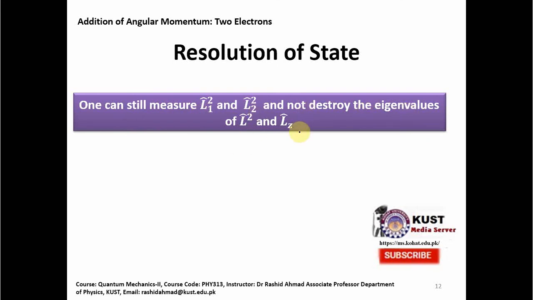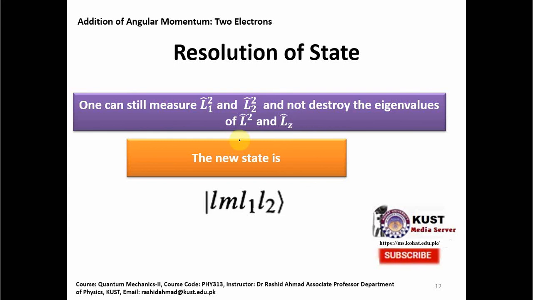And how do we not destroy the eigenvalues? If the commutation relation is equal to 0. If the commutator is equal to 0, that is, they do not affect the value of each other, there is no uncertainty, they are completely certain and can be simultaneously specified, then we say that the state can be further resolved.